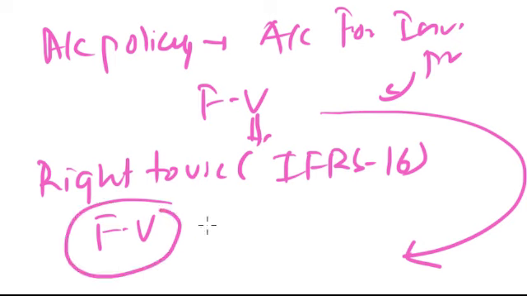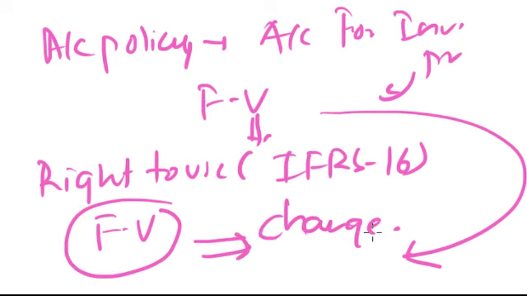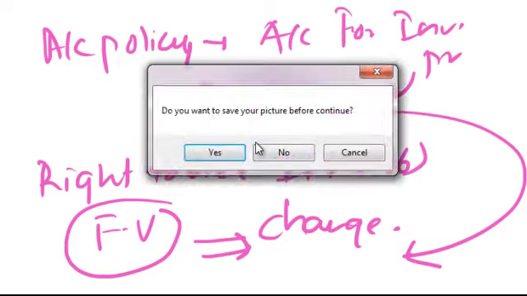This is the change. So any investment properties fall within the scope of IFRS 16. Again, if the accounting policy of the lessee is to account for the investment properties under the fair value method, then they need to apply the fair value method for the right to control the use of a particular asset. So this is the basic thing that they want to communicate.